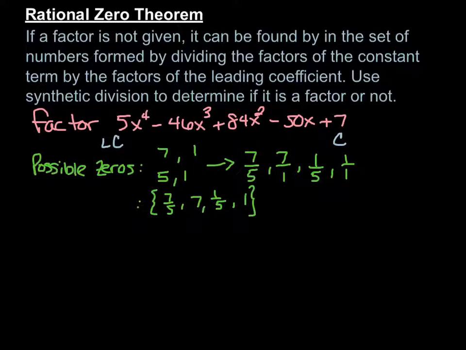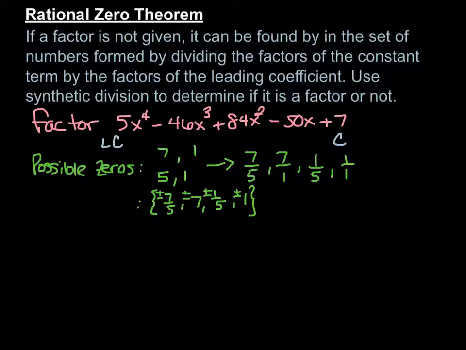And also, we need to think of the negatives and positives, because positive 1 times positive 7 is a positive 7, and a negative 1 times a negative 7 is a positive 7. So all these are going to be plus or minus. Alright, so one of our factors is in this set somewhere.